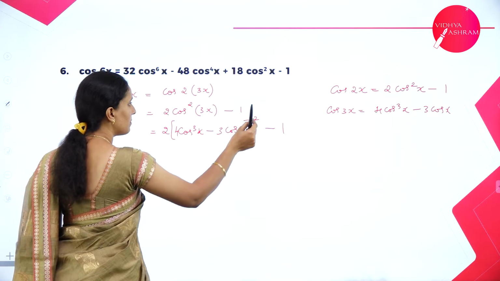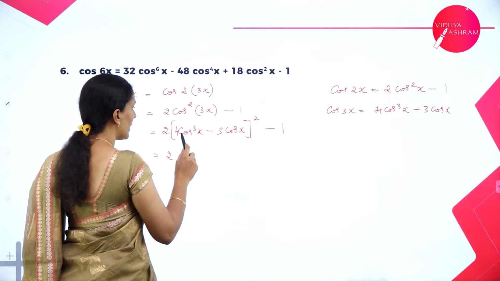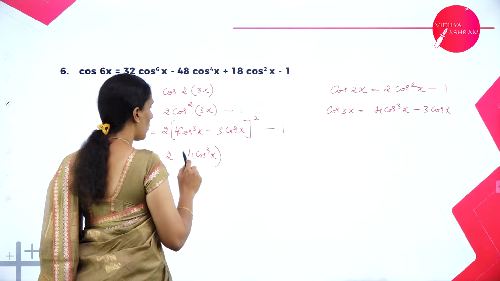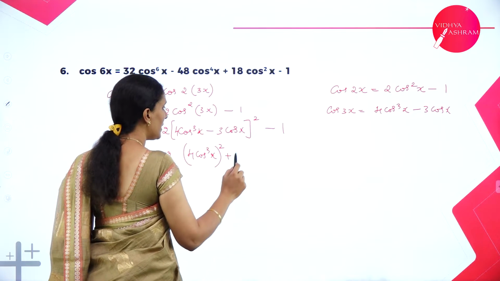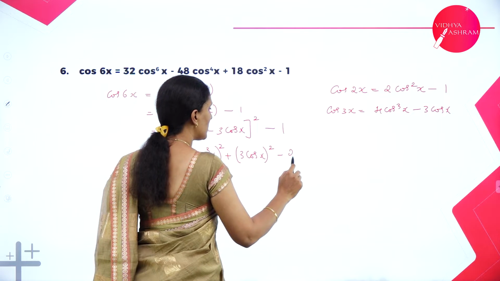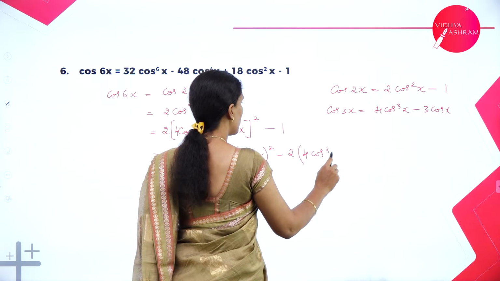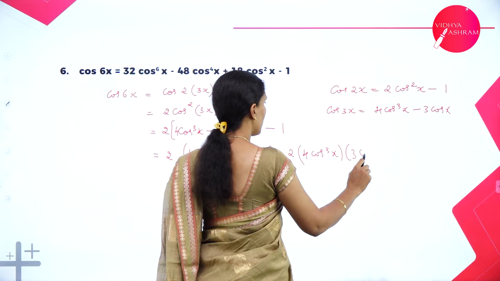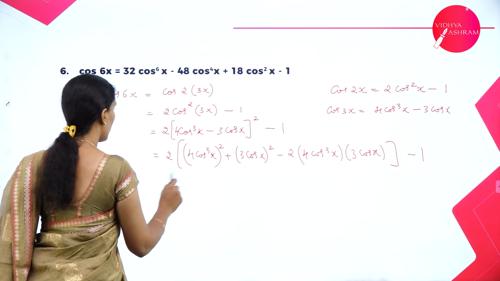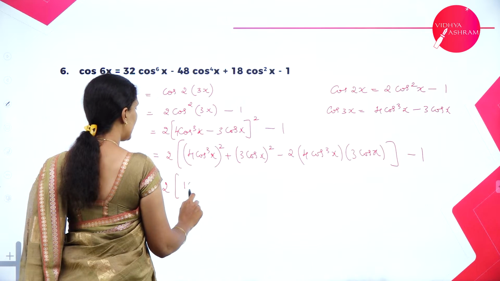Use the a minus b whole square formula here. So then you will get 2 times: a square is 4 cos cube x whole square, plus b square is 3 cos x whole square, minus 2 times a into b is 4 cos cube x into 3 cos x, then minus 1. Just expand the terms now. 4 square is 16.